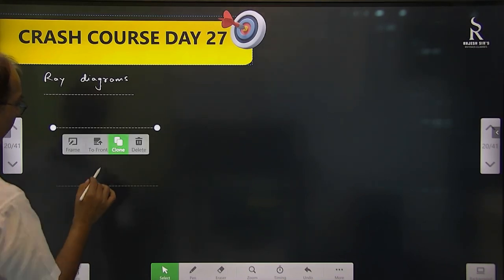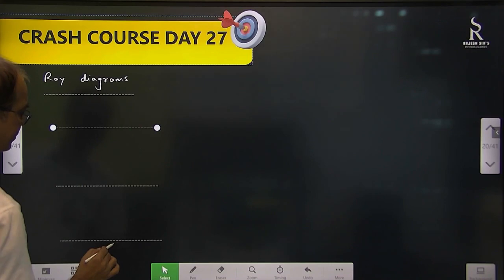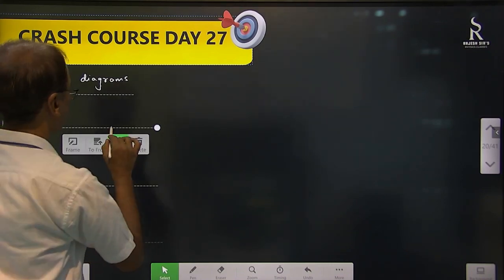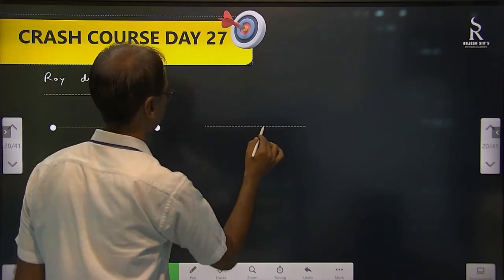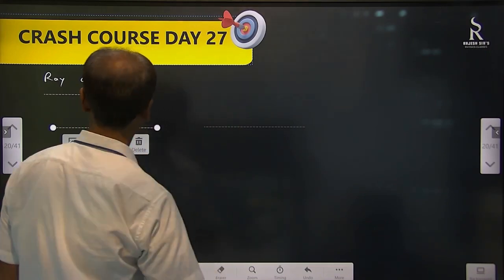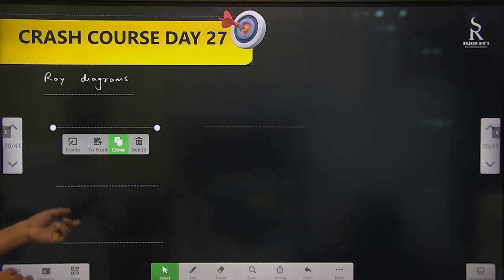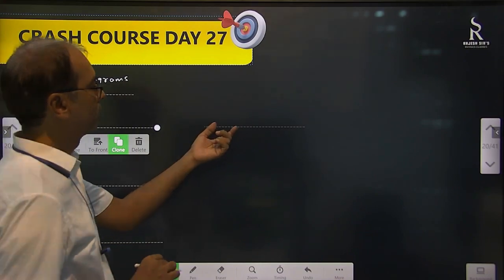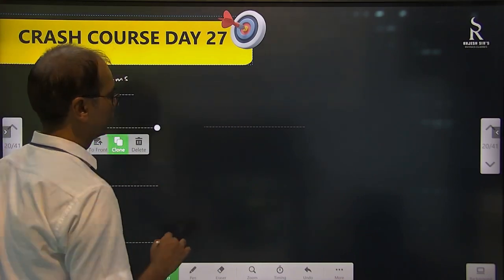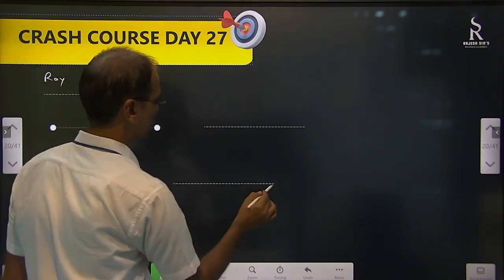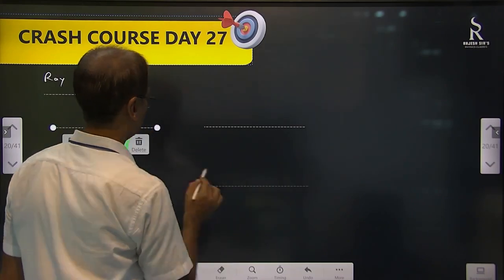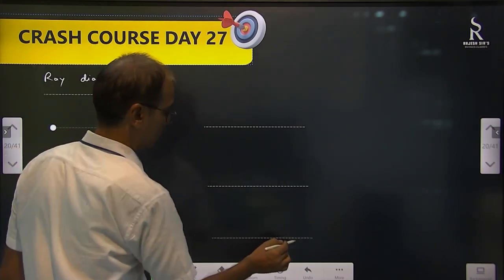Here also, how many do we have to make? Object at infinity, object beyond C, object at C, object between C and F, object at focus, and object between focus and pole.